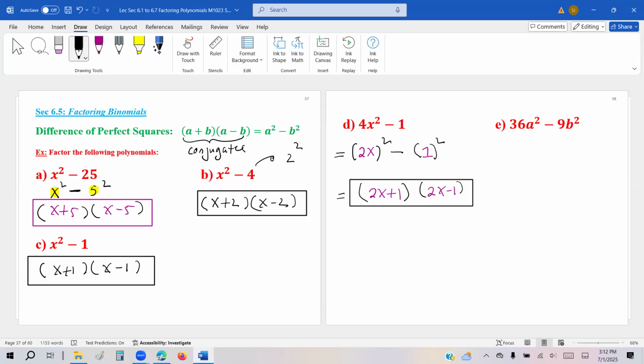So when your x square is alone, you just have to write x, that's it. But when your x square is not alone, you have to think about something that makes the first term square. So 4x square means 2x, whole thing square. So our base is not 4x square, it's 2x. So you take the 2x, you add, and you subtract with the other base.